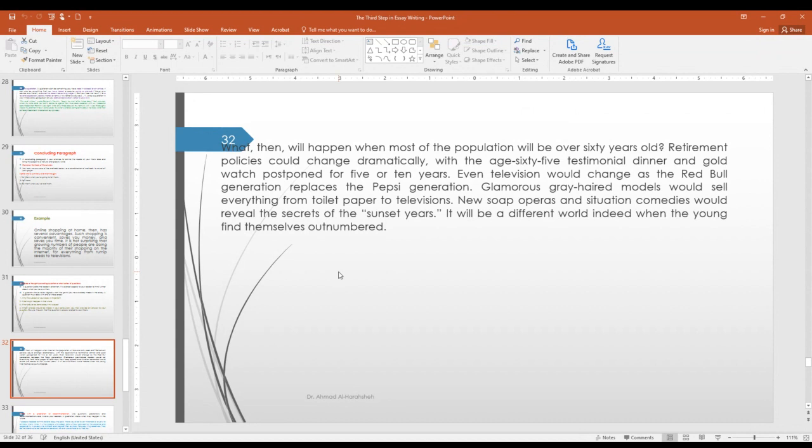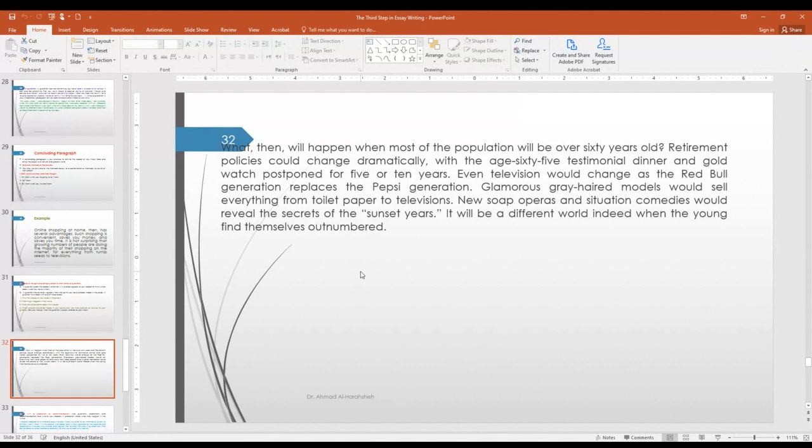Glamorous gray-haired models would sell everything from toilet paper to televisions. New soap operas and situation comedies would reveal the secrets of the sunset years. It would be a different world indeed when the young find themselves outnumbered.